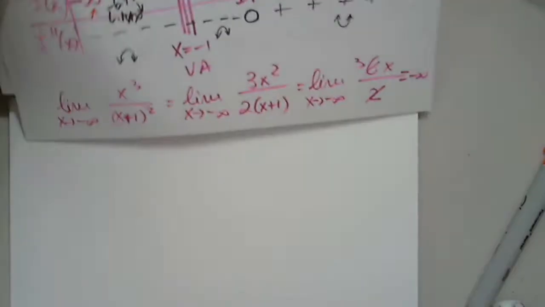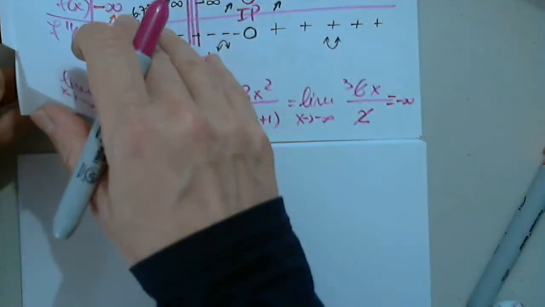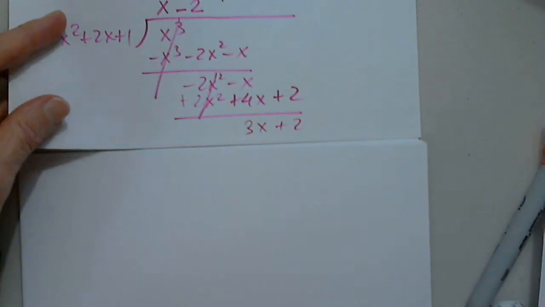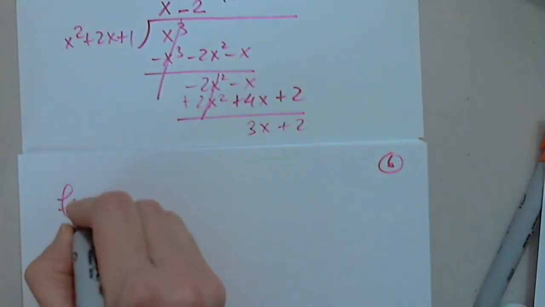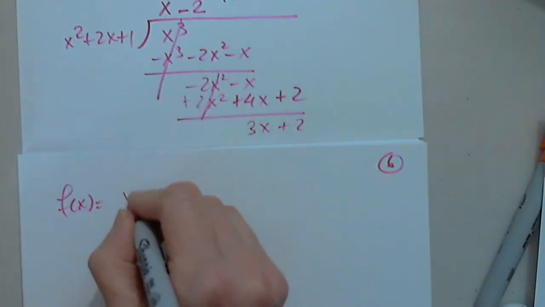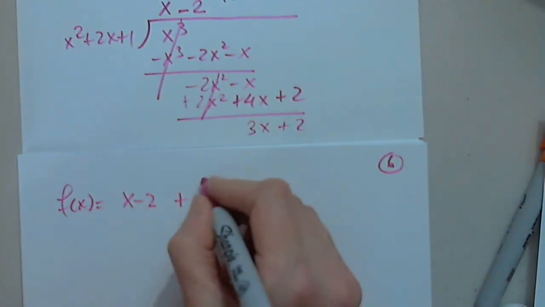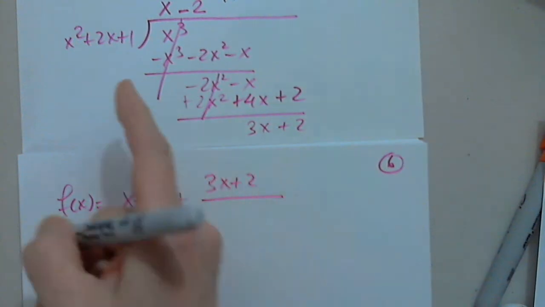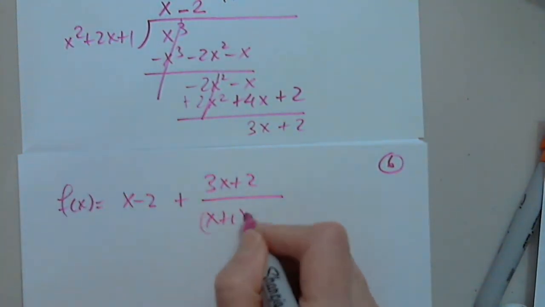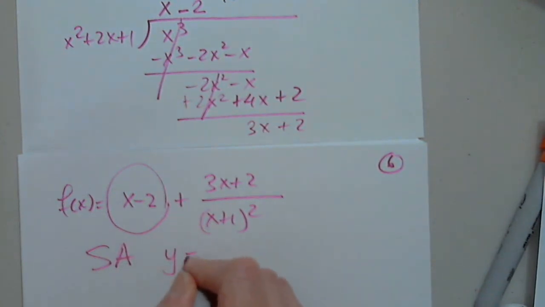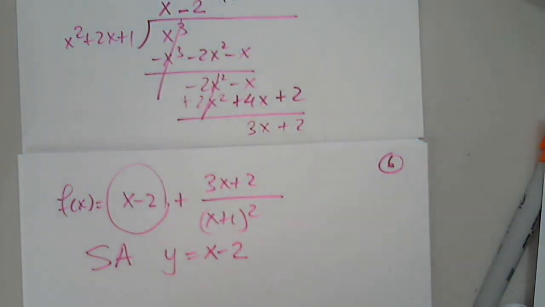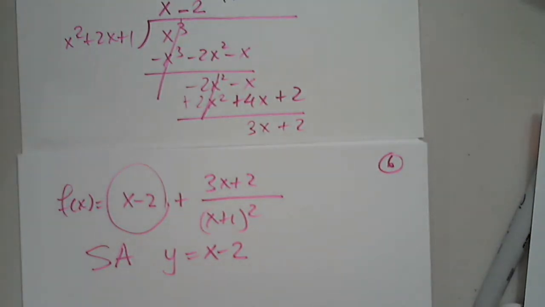So our function, that's my page 6, our function will look like this: quotient x minus 2 plus remainder over the divisor. This is the slant asymptote. Good, that's all we need.